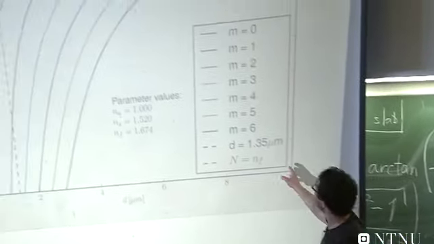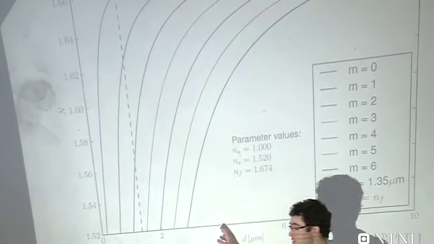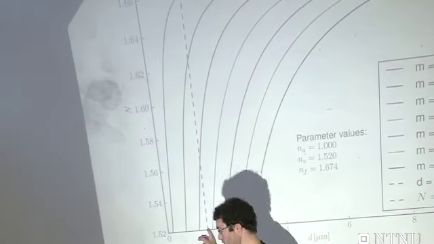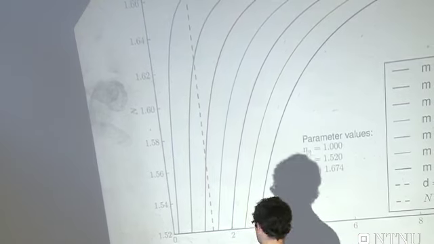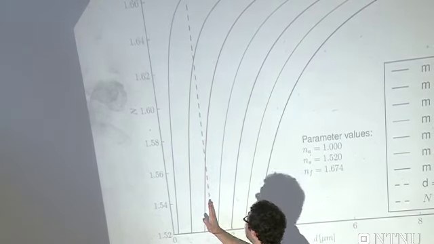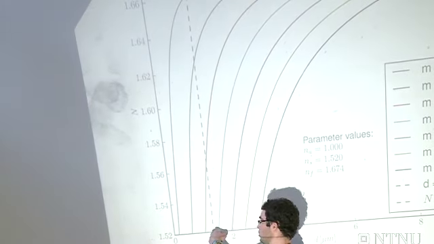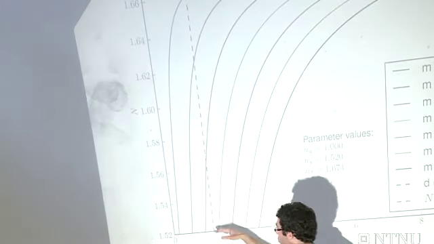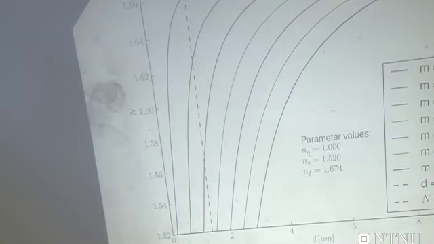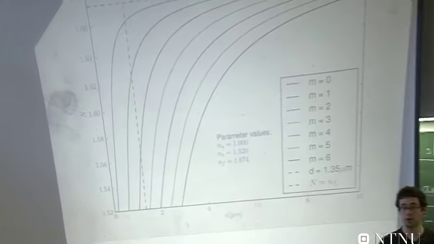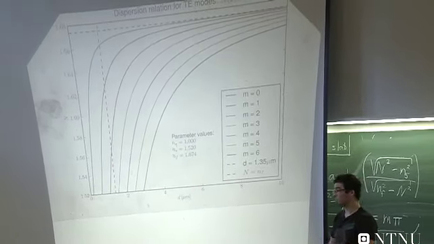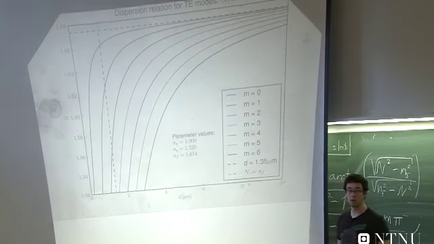And then you can see that if I go down in thickness, let's say I take d equal to 1.35 micrometers, then I only have, in fact, 3 modes. Because if you plot this further down, you see that the line stops here. If you go further down, there's something imaginary in here, and you basically get something not real out. That is, it's no longer a propagating mode.